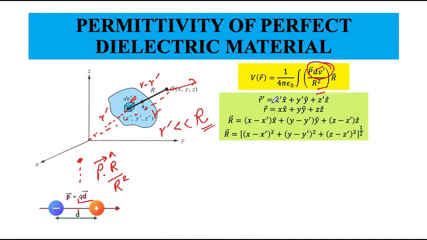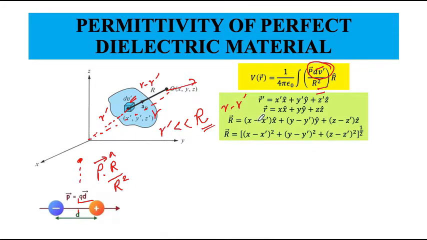If you want, you could completely eliminate a particular coordinate system and work directly with the expression that we have used here. Okay, but that seems to be slightly less intuitive. Therefore, we are going to introduce a coordinate system, but the result that we will obtain will be independent of the coordinate system. Okay, so capital R is r minus r dash.